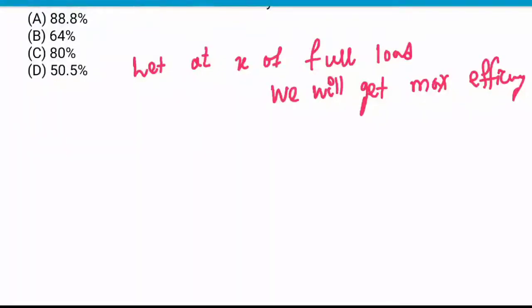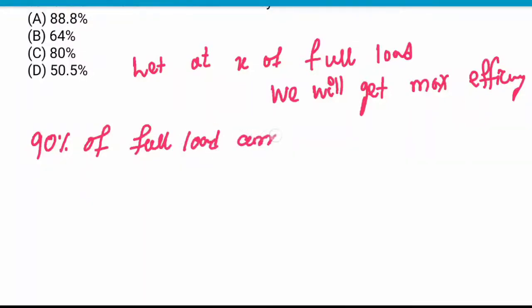And given is that for 90% of full load current, copper loss is equal to 81 watt.